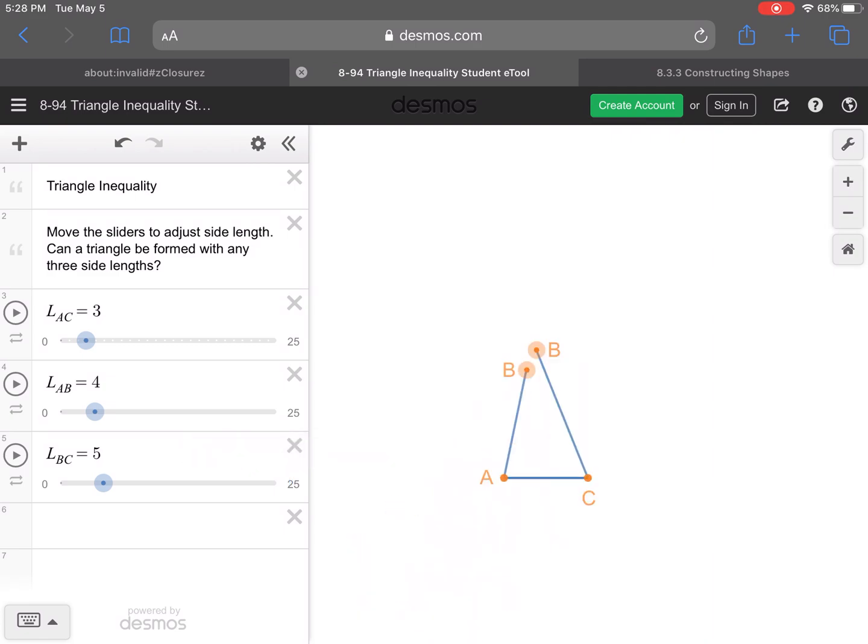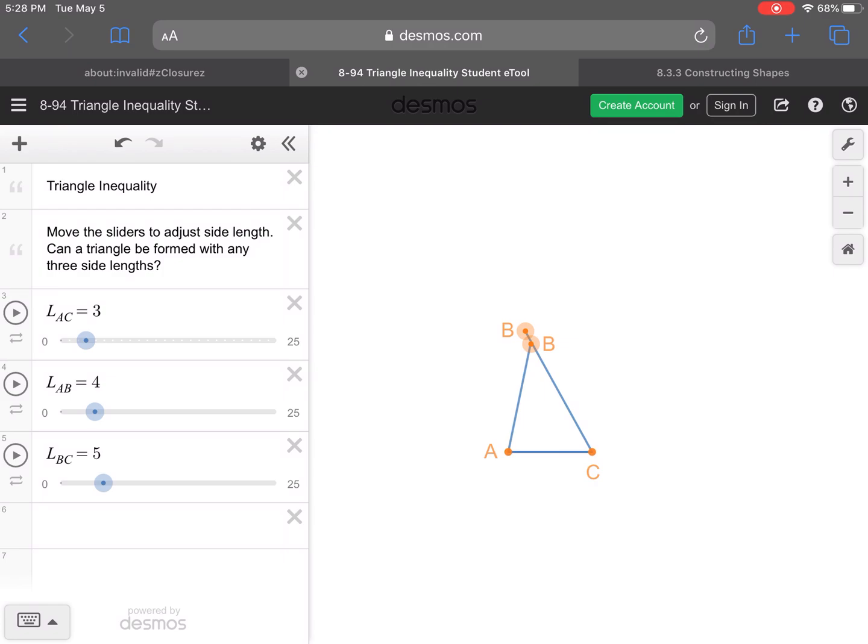So I've got side lengths 3, 4, and 5. I'm going to do a little bit of zooming in here so you can see a little bit better. If I move this point down just a little bit, we can see that it does form a triangle. The way this tool works is, you can see around the dark orange points that there's a lighter orange circle around those points.